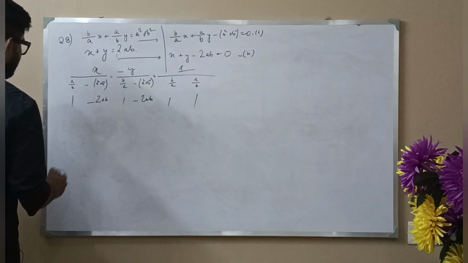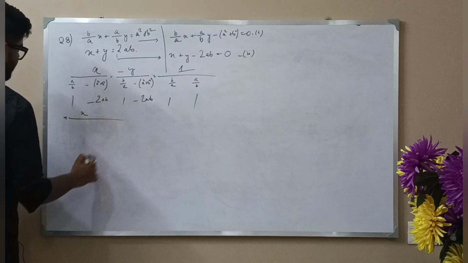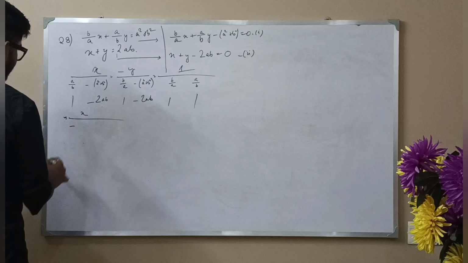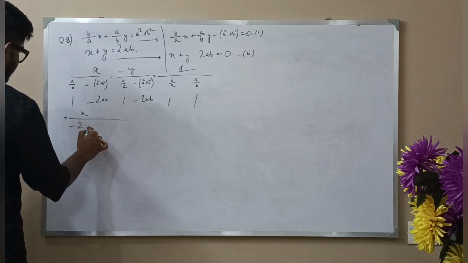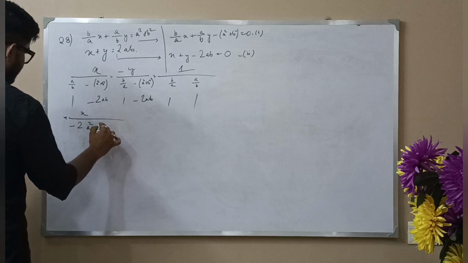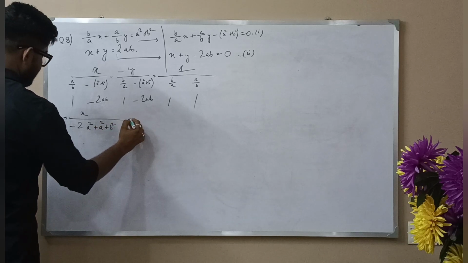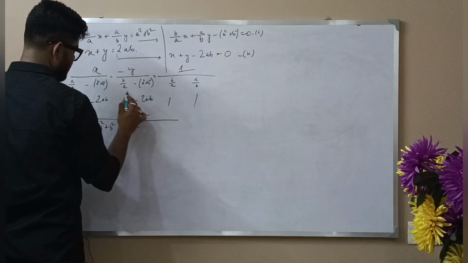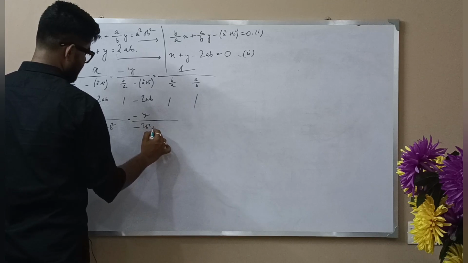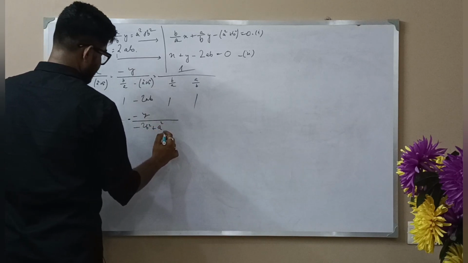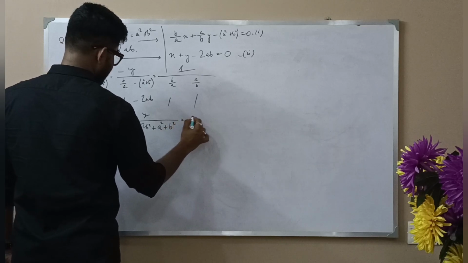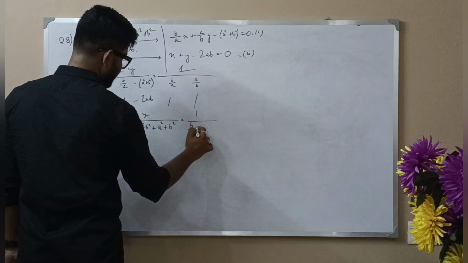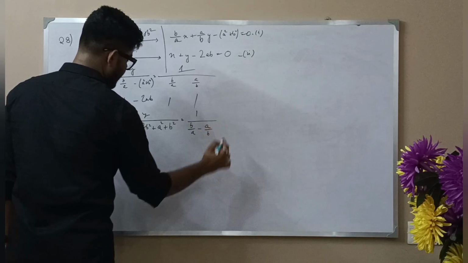Okay, so now we'll cross multiply. ab into minus 2ab, minus of 2a square plus a square plus b square, minus of y, minus of 2b square plus a square plus b square, b by a minus a by b.